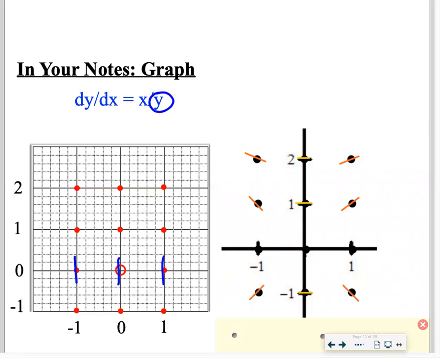So the final answer would look something like this. Whenever your x is 0, you'd have a flat slope. Whenever your y is 0, you'd have an undefined slope.